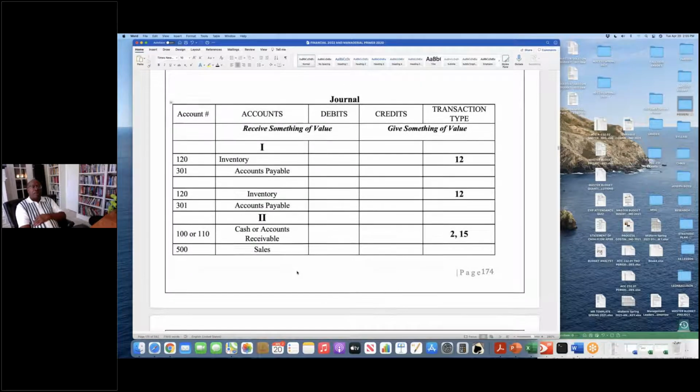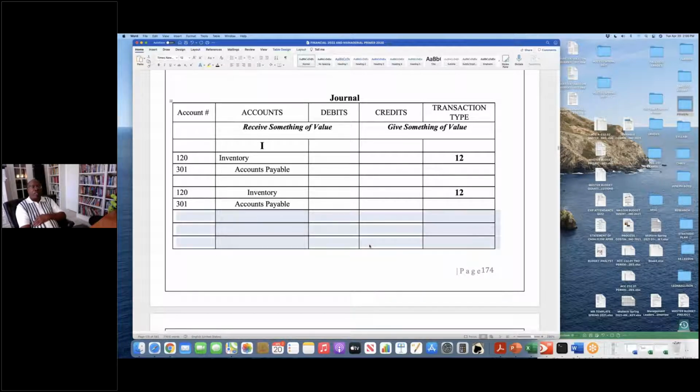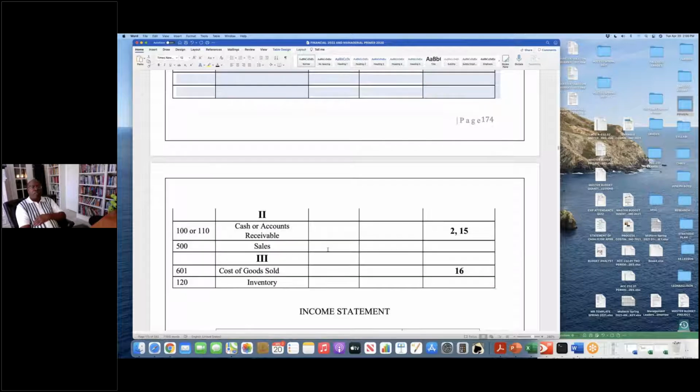But I think here we need to put some more rows in here.